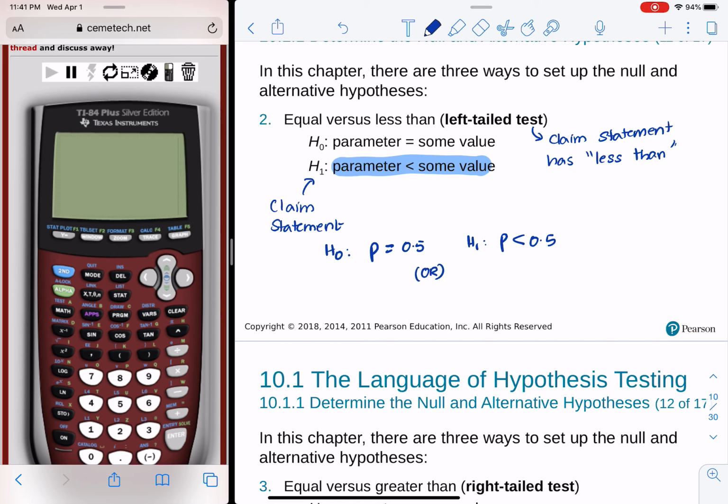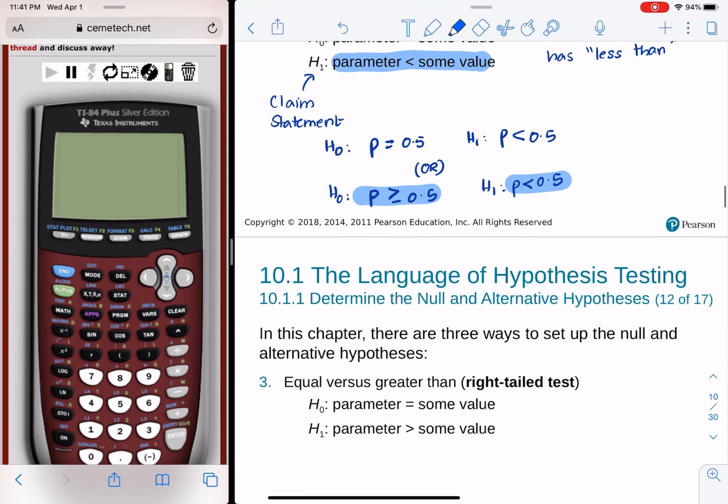Formally speaking, since the claim statement is less than 0.5, some might write the null as P is greater than or equal to 0.5. So this part is the counter-argument to that part. And keep in mind, the alternative is the claim statement, or the claim statement is the alternative.